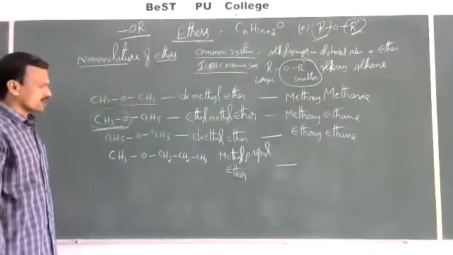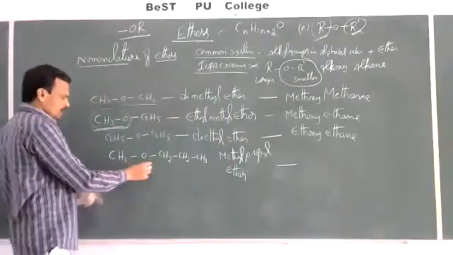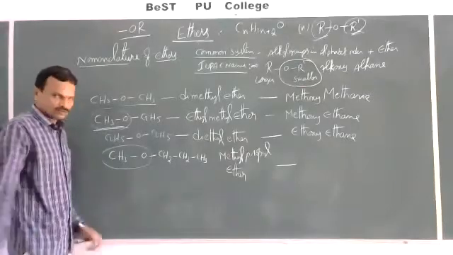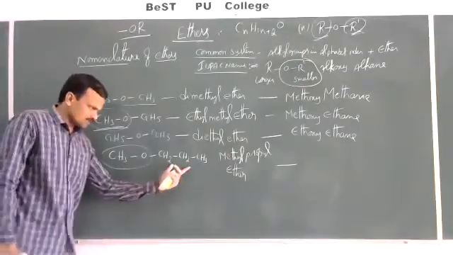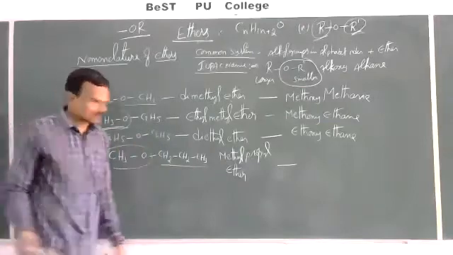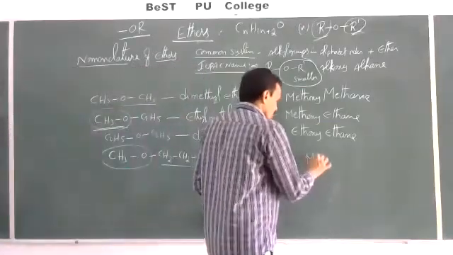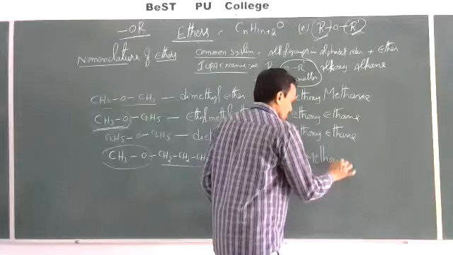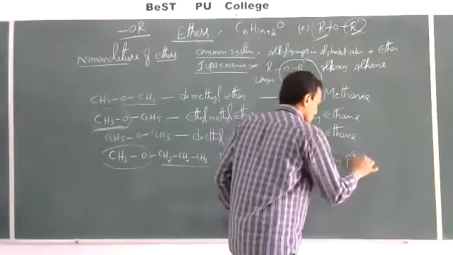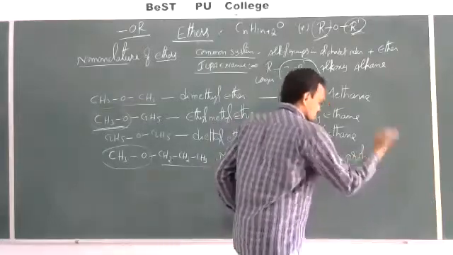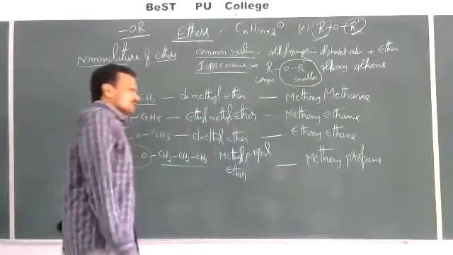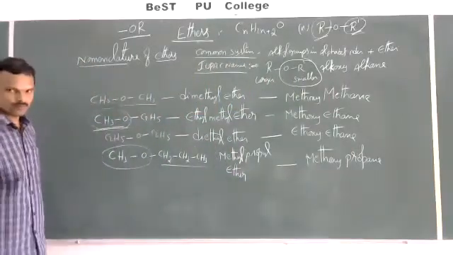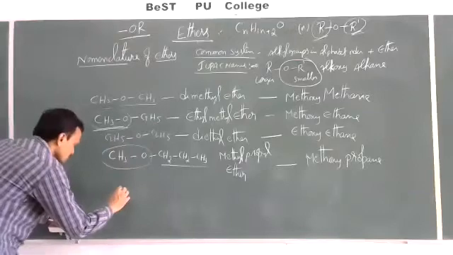This is the smaller group and it is named as alkoxy, methoxy. Here this is propane. So the IUPAC name is methoxypropane. Methoxypropane is the IUPAC name. Take one more example.